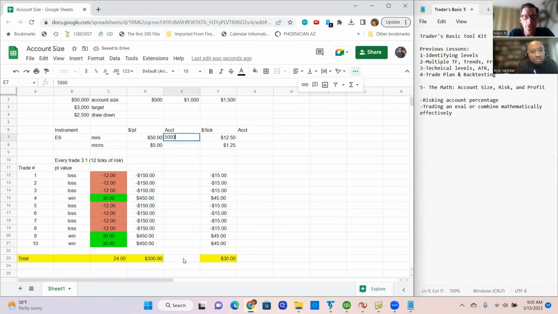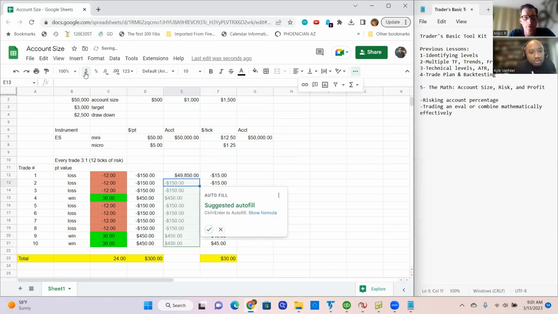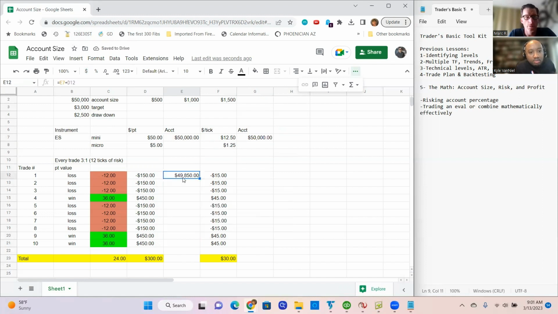So if your account is 50 grand here, it's 50 grand here, is going to equal that plus that. Okay, we're going to make that constant. No, wait a minute. And this is going to equal that plus that, and then copy this down.